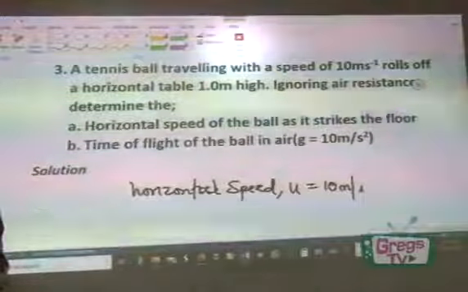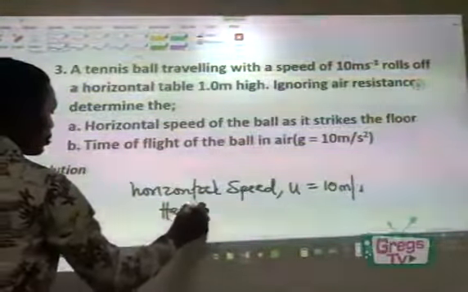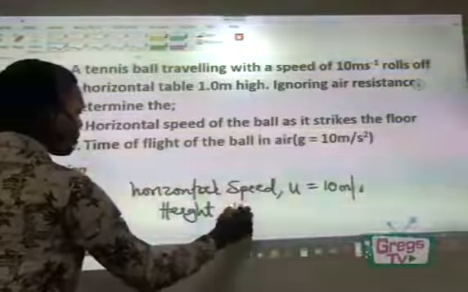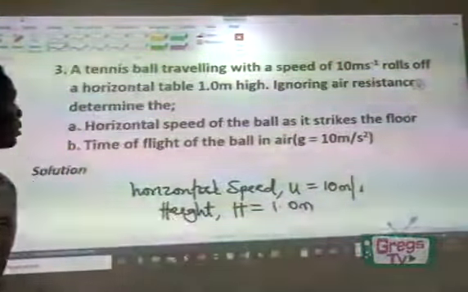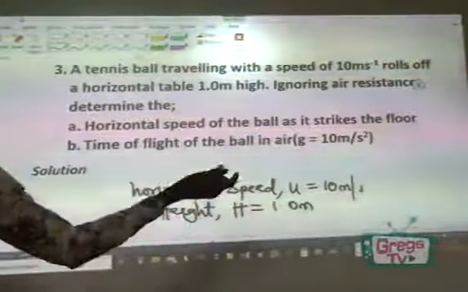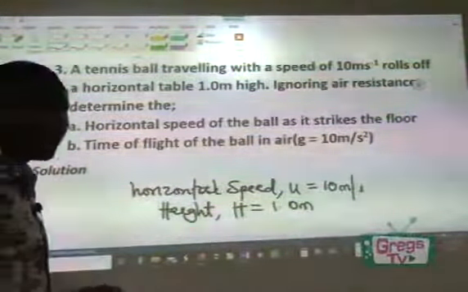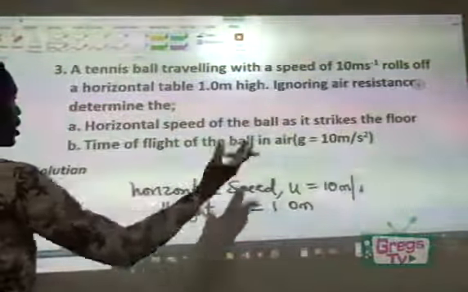What else? We have the height, h, which is 1.0 meters. Ignoring air resistance, determine the horizontal speed of the ball. We were given it, no need to calculate that. We have it already in this question, so we'll just say the horizontal speed is 10.